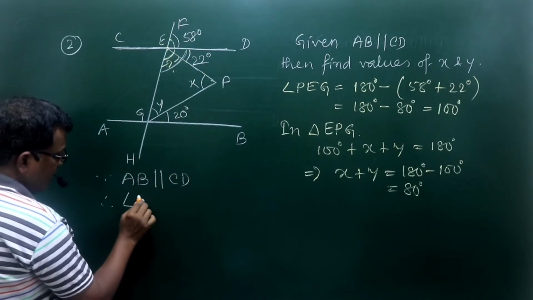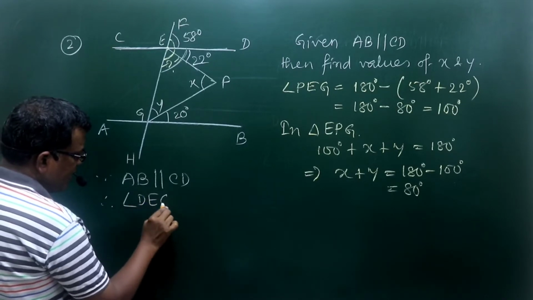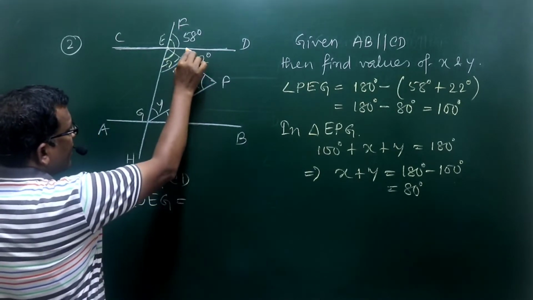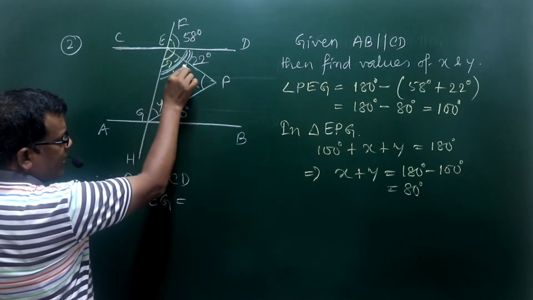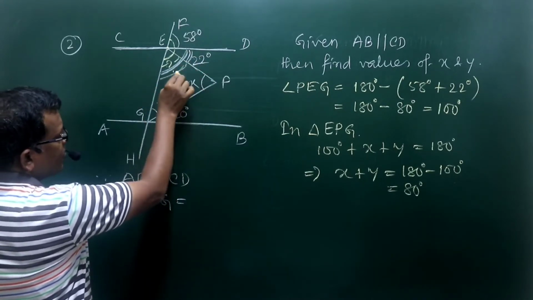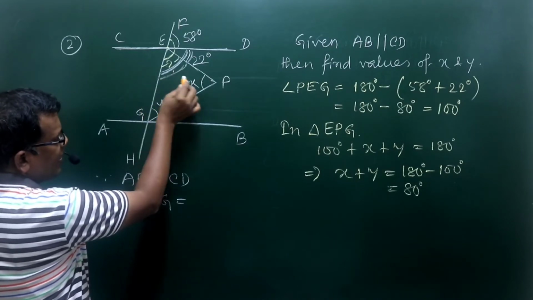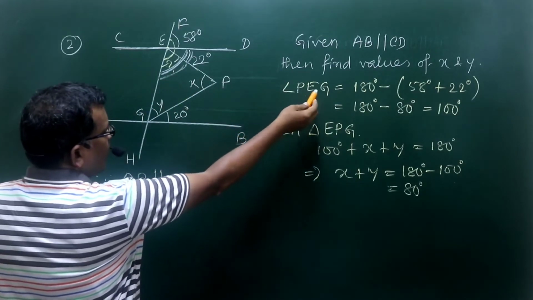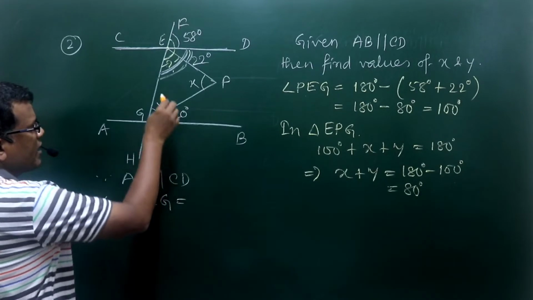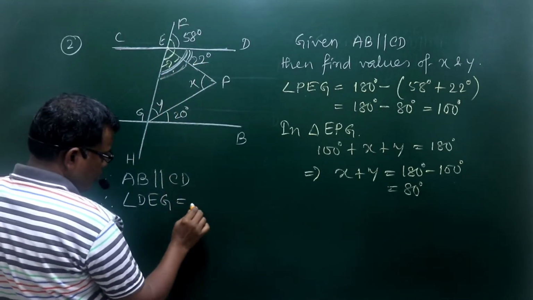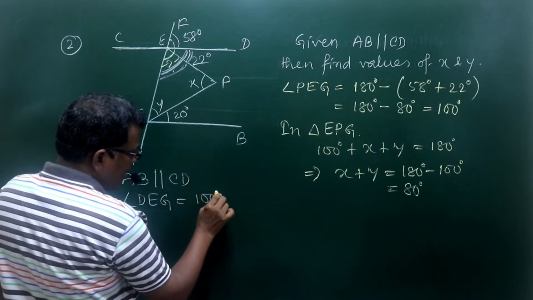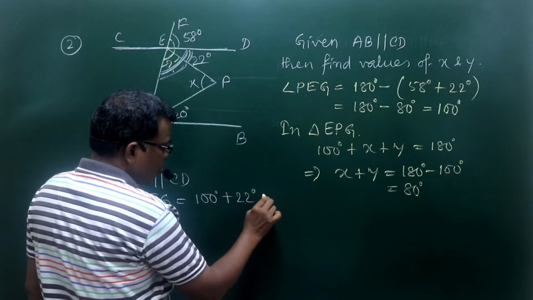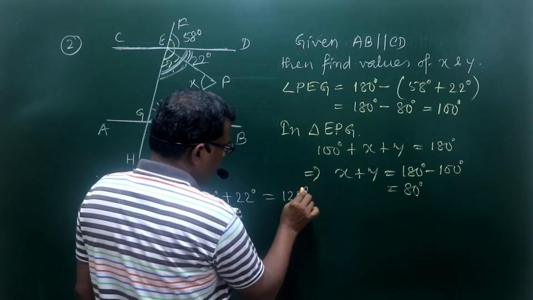Angle DEG, this angle altogether, that should be 22 plus this we have got as 100, right? This one we have got as 100. Yeah, I have calculated this PEG. So that is 100 plus 22. So DEG is 100 degrees plus 22.